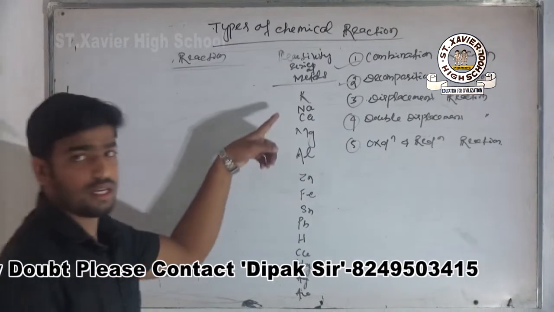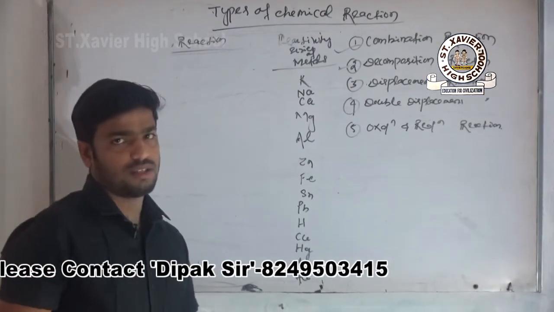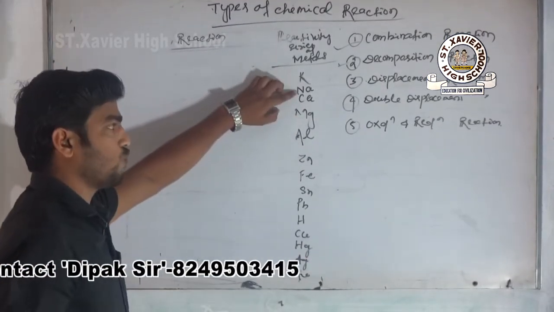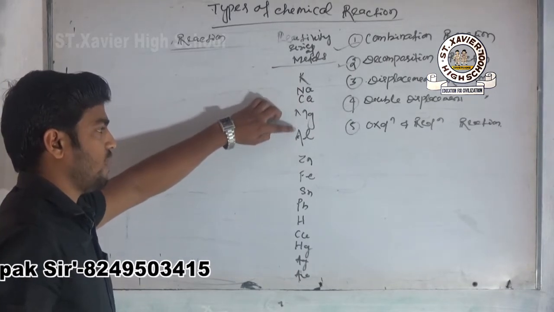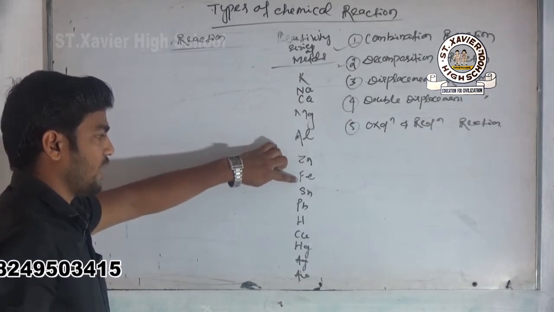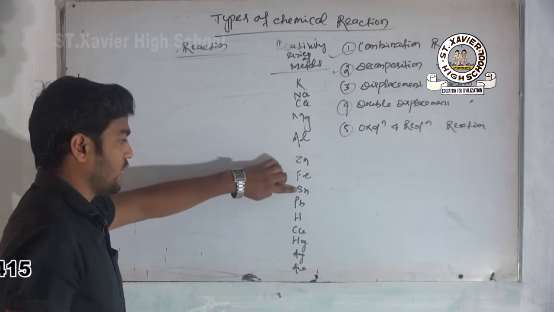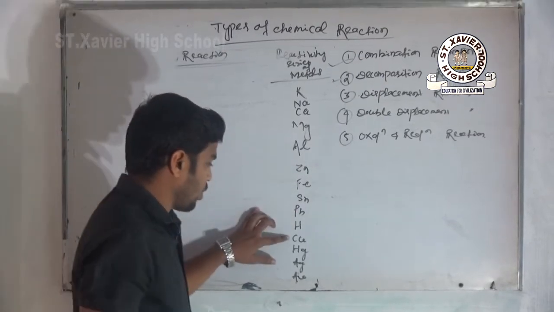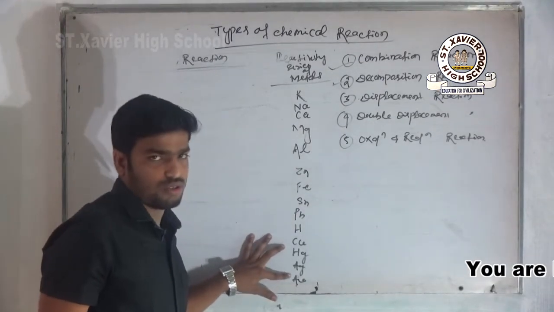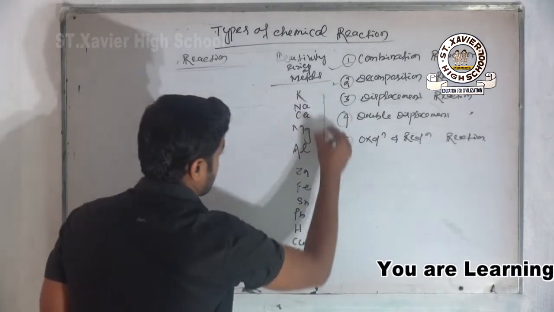So this is our reactivity series of metals. Yes or no? Potassium, sodium, calcium, magnesium, aluminum, zinc, iron, tin, lead, hydrogen, copper, mercury, silver, and gold. So the series is in decreasing order.